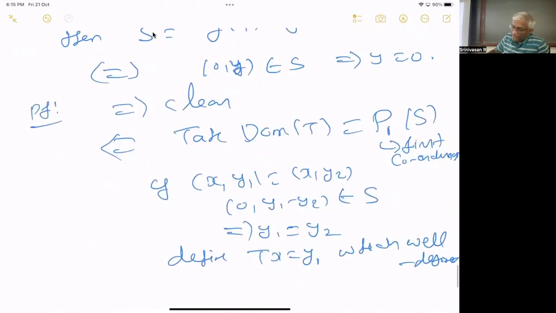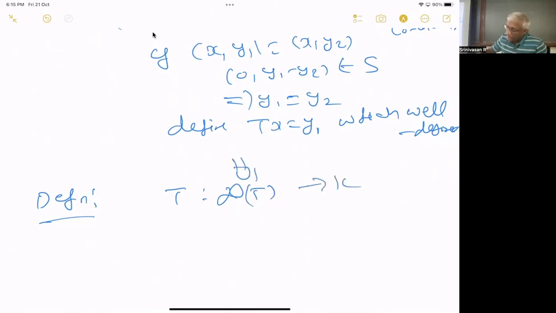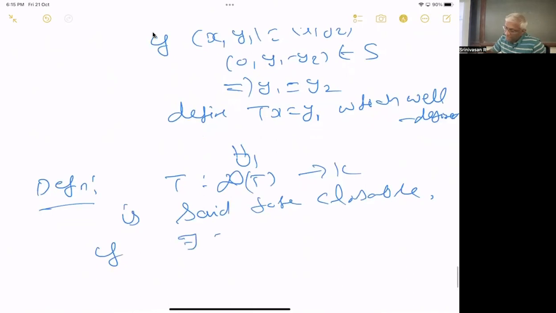Okay, so next definition. T is said to be closable if there exists a closed operator containing T, a T closure.